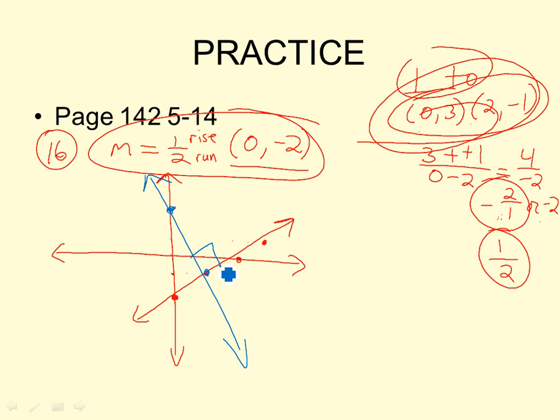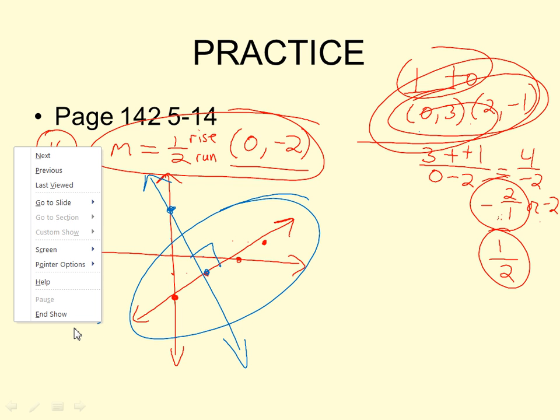And we know that those two should be perpendicular to each other. This red line is just your answer. But just to show you that that other one should be perpendicular to that.